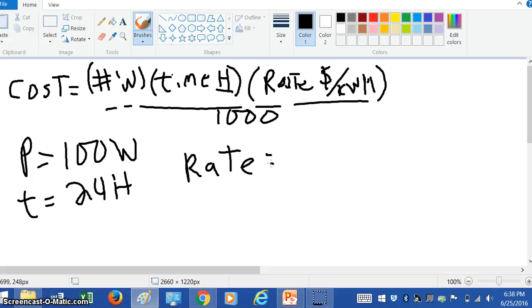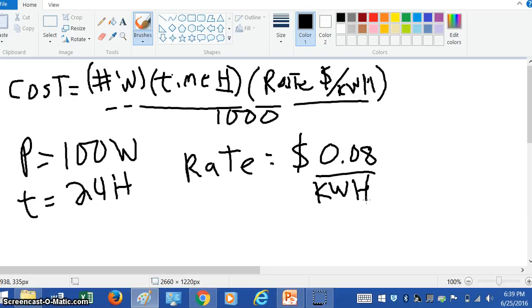So let's say the rate is, I'm going to make it relatively cheap, 8 cents. So 8 cents is $0.08 per what's called a kilowatt hour, and that's actually a unit that the power company uses. A kilowatt hour is actually a unit of energy.